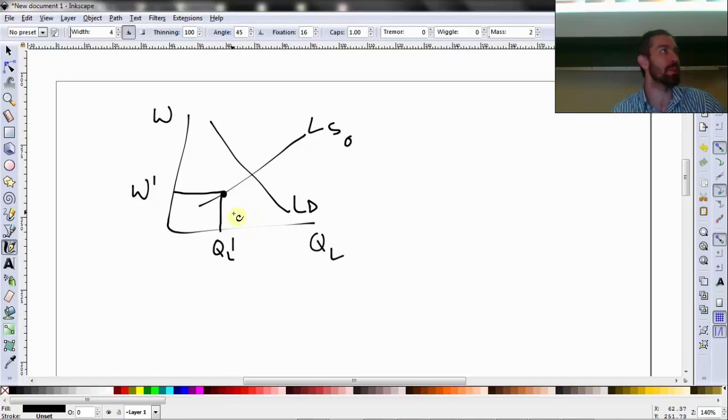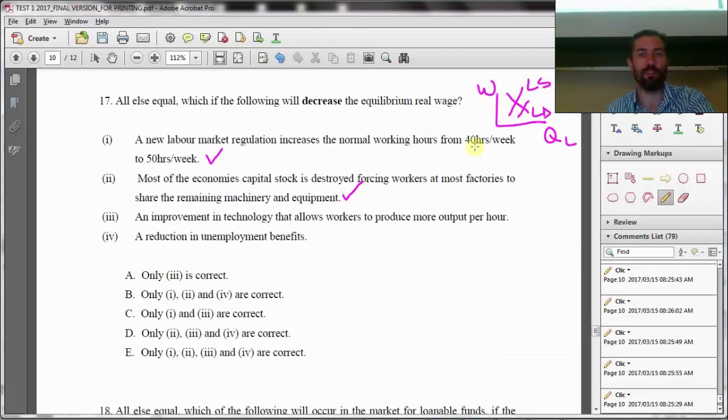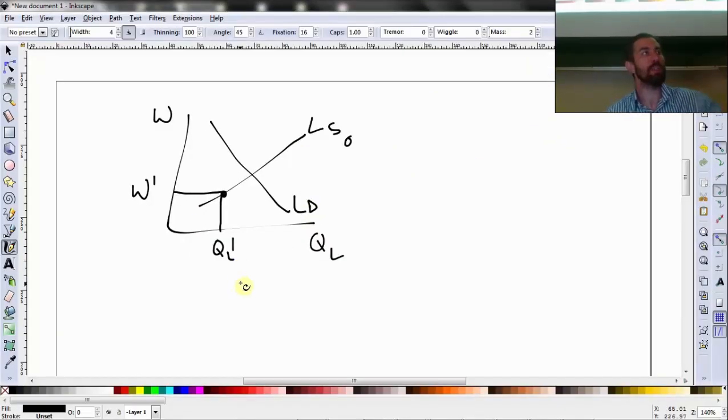Without some kind of overtime agreement, right? Which means in this example where we're describing 40 hours a week, if people can only supply 40 hours a week by regulation, it means anyone willing to work at this wage rate can only supply 40 hours at that wage rate, because that's the regulation, for example, right?